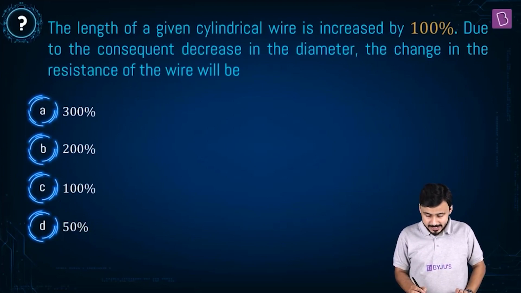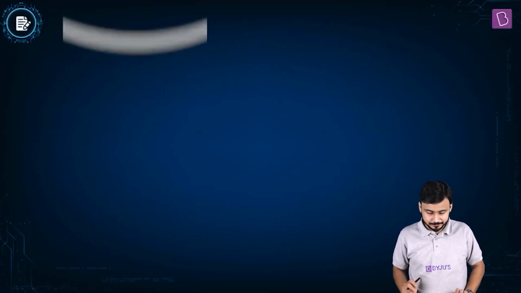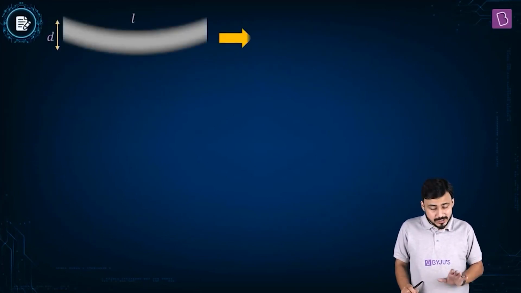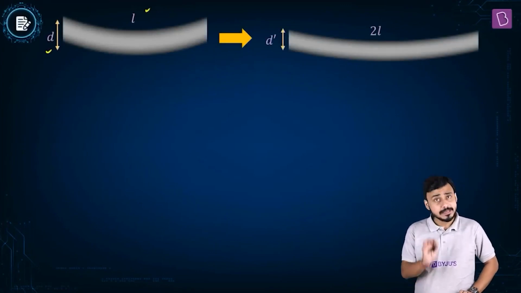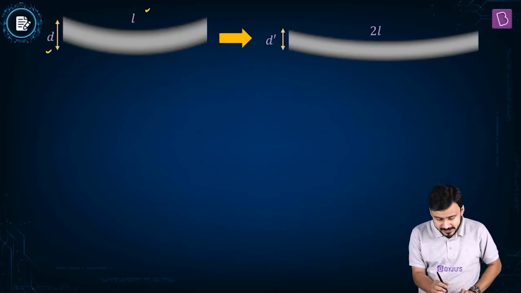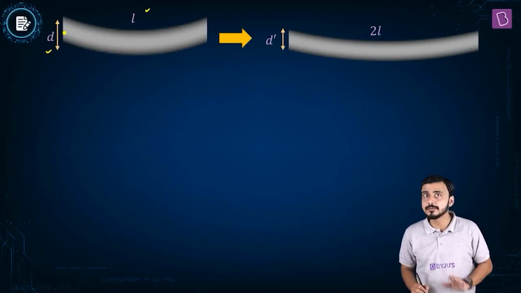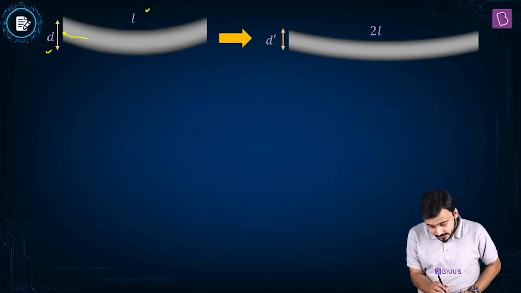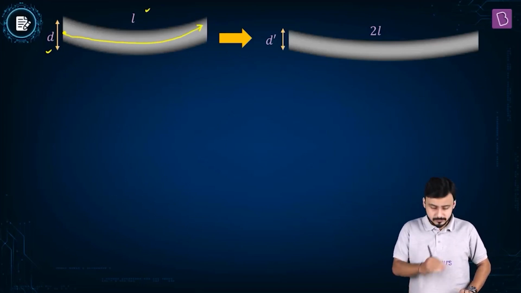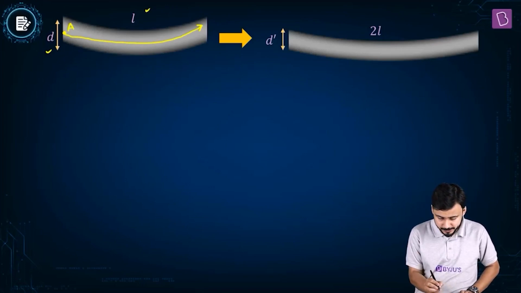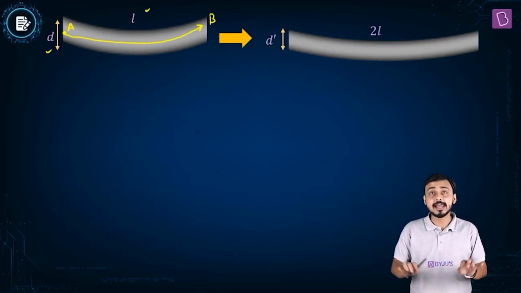So the question is given like this. Initially, let's say you have a diameter D and a length L of the cylindrical wire. That means if you start moving along the wire like this, then this total length from A to B is L, correct?